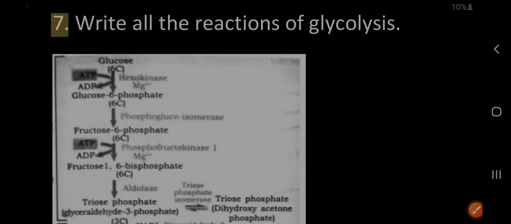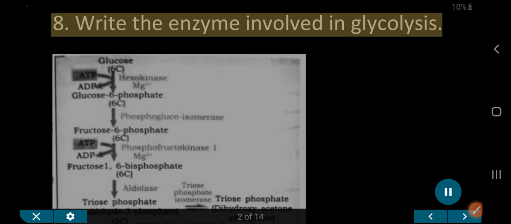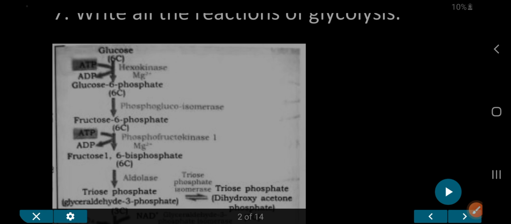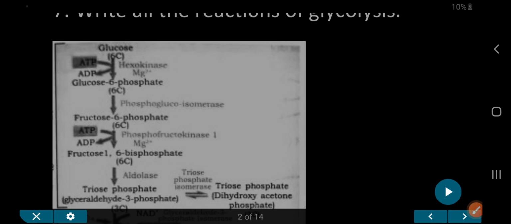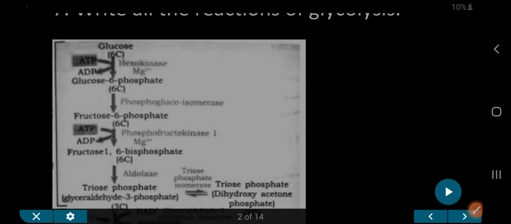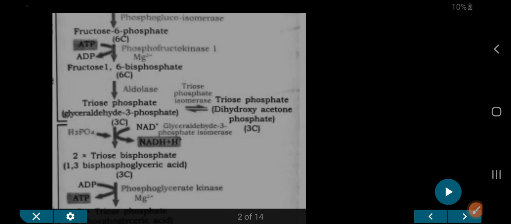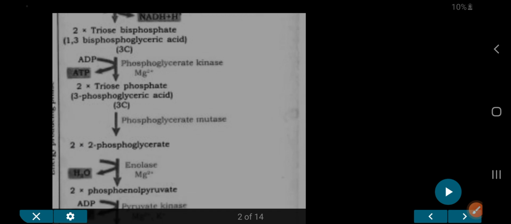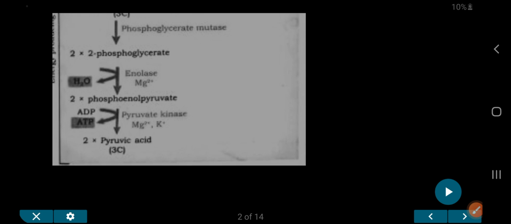7. Write all the reactions of glycolysis. 8.